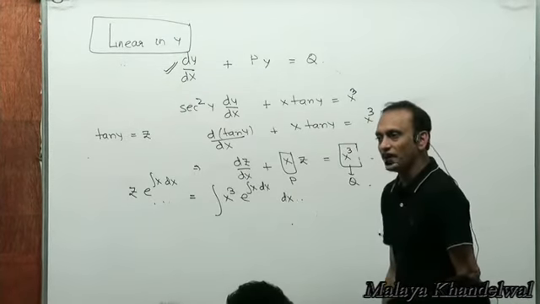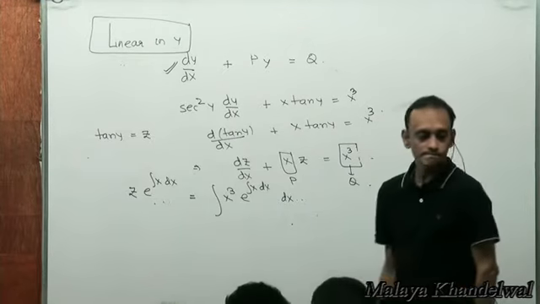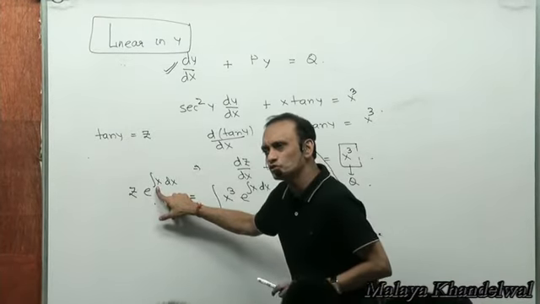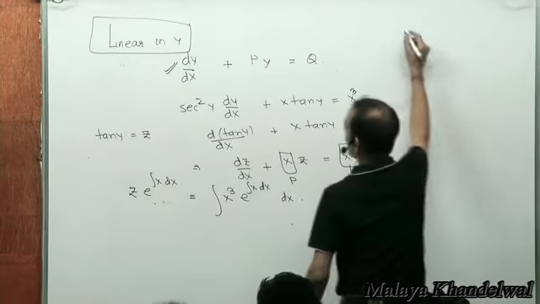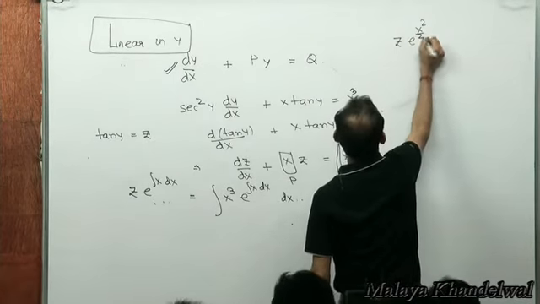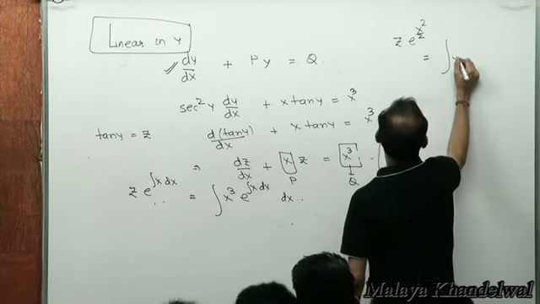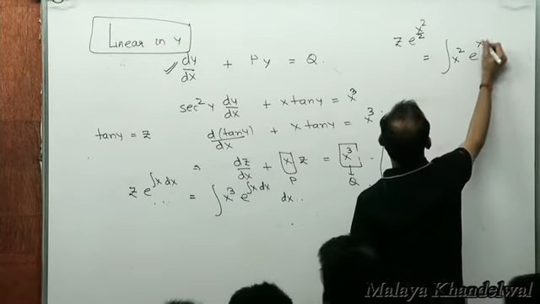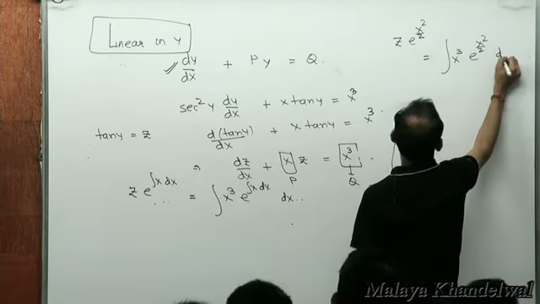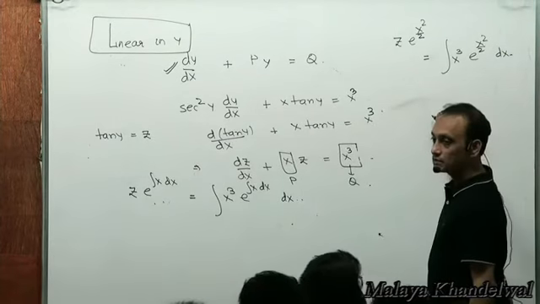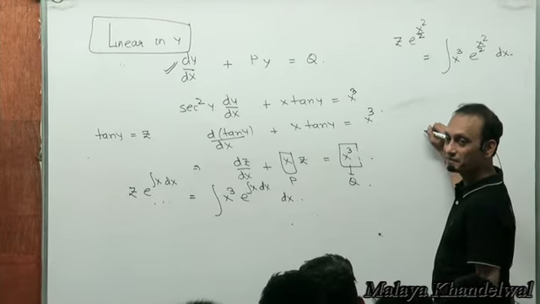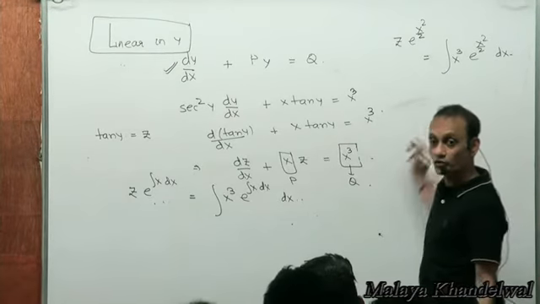Do you realize whatever I've done here? This is e power x squared by 2. So z e power x squared by 2 equals integral x cubed e power x squared by 2 dx. What will you do?